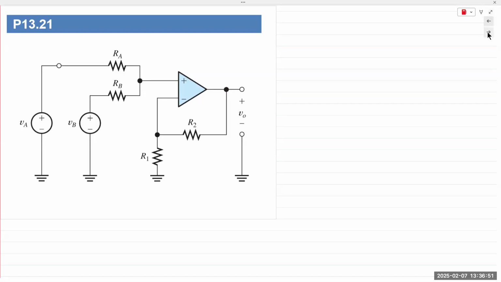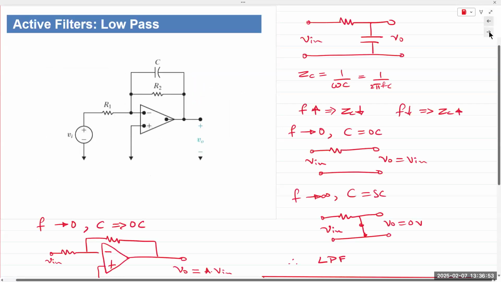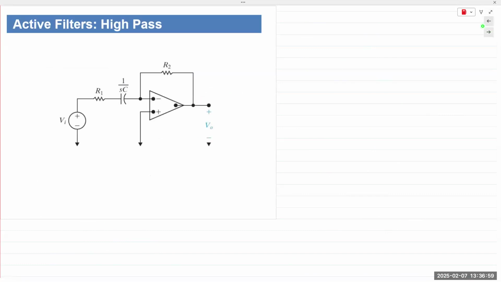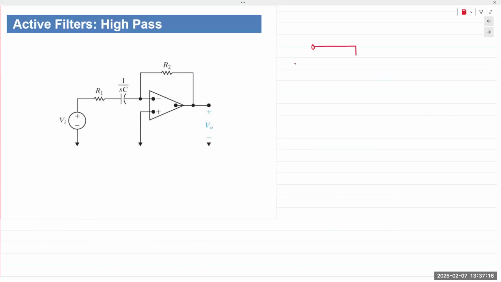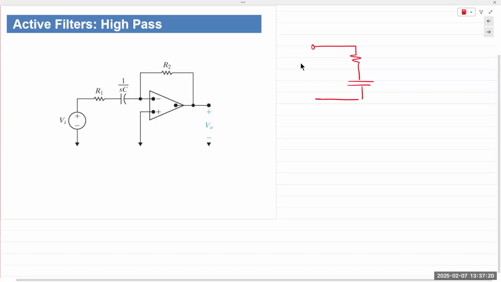For now, let's turn our attention over to active filters. And we looked at active low pass filter. Let's look at active high pass. Okay. So capacitor and a resistor in series functions as a filter.